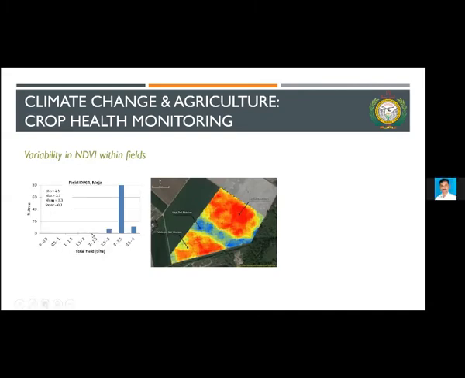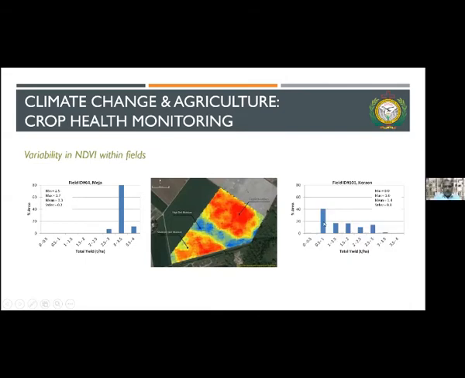So I took one sample field from this tehsil and just checked what is going on. Here we can see that the growth is fine, and most of it is on the higher side. But here the growth is all variable, because of this pattern.